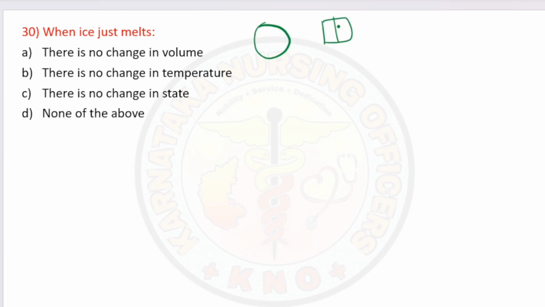If it is a cube, when heat is applied on this cube, it gradually turns into liquid. That is, the volume is changing. This is wrong. And there is no change in state? The state is changing, right? From the state of solid to liquid. This is also wrong. There is no change in temperature. This is right.